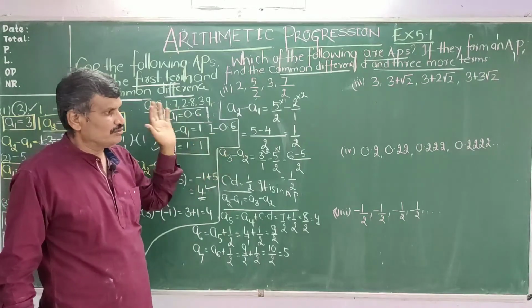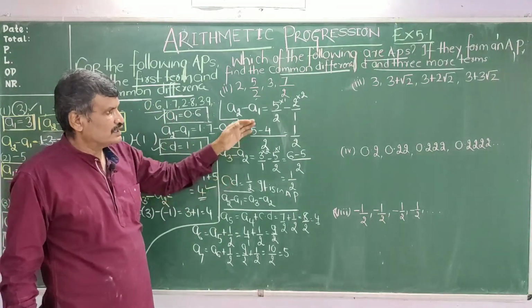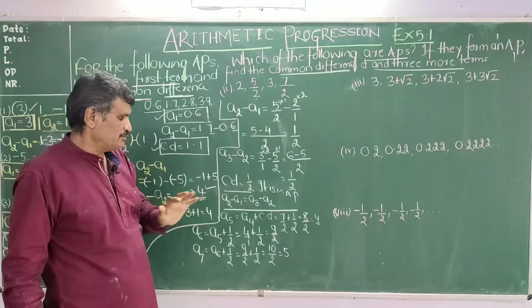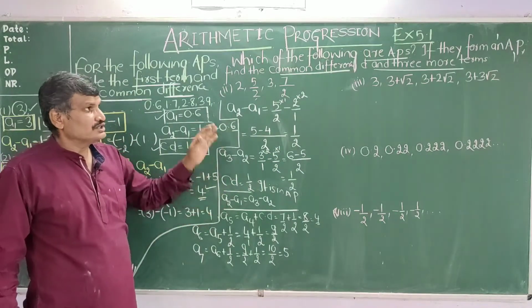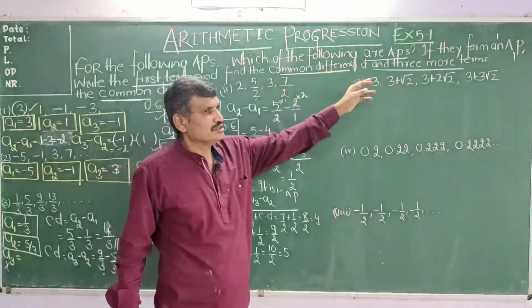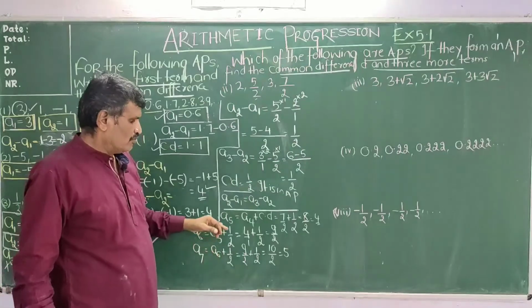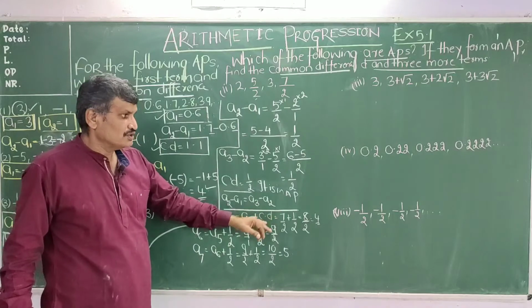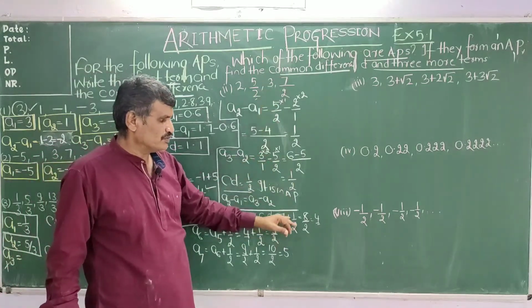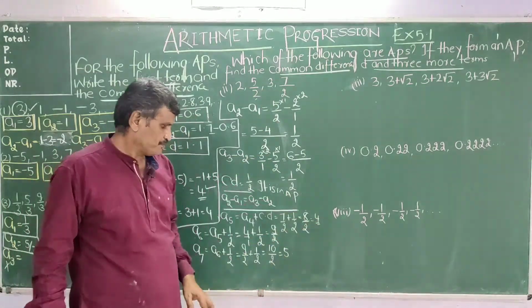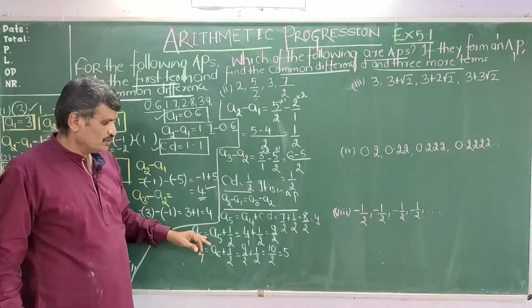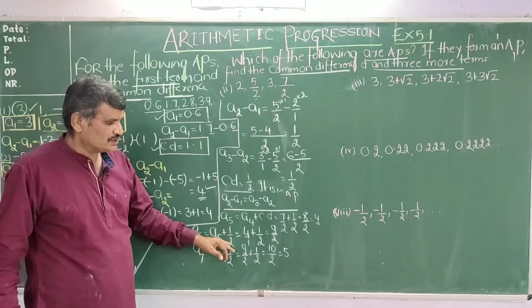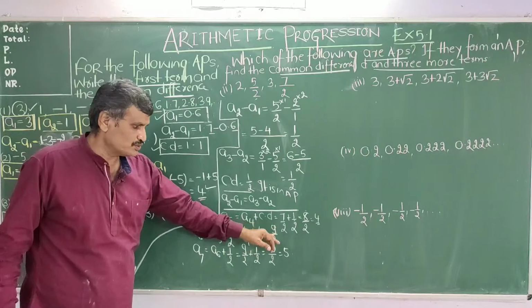When I see that the common differences are the same, it is in AP. Now he says, if it is in AP, write the remaining 3 terms. Fifth term, if I want, is fourth term plus common difference. Fourth term is 7 by 2 plus 1 by 2 is 8 by 2, which is 4. Sixth term, if I want, is fifth term plus common difference, that is 4 by 1 plus 1 by 2 is 9 by 2.